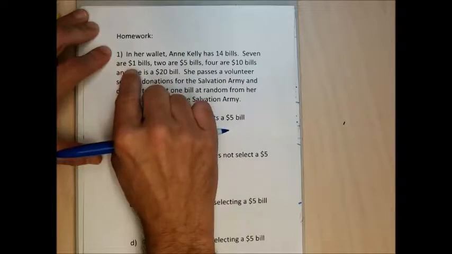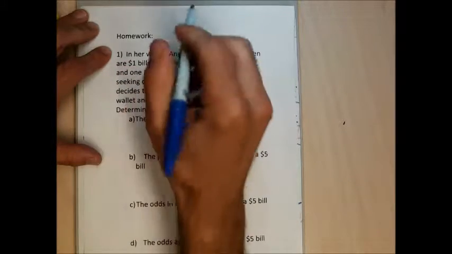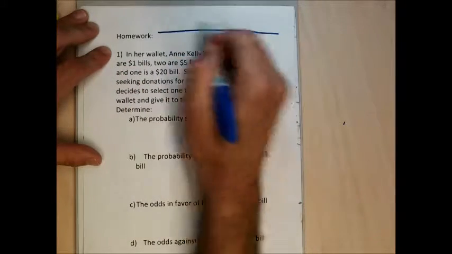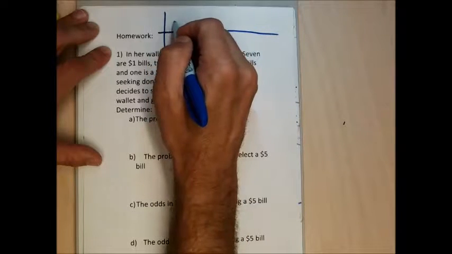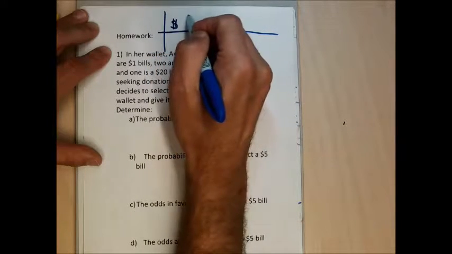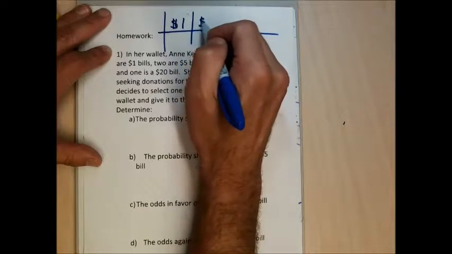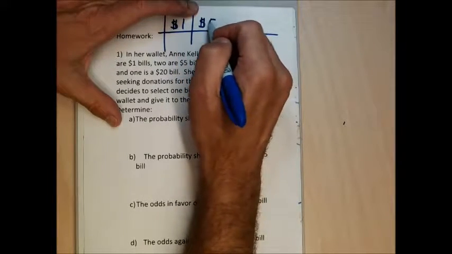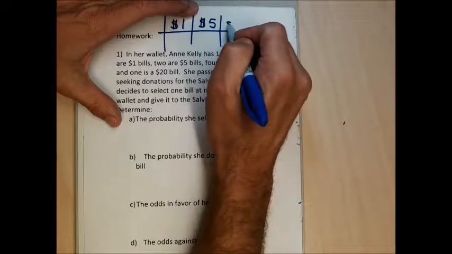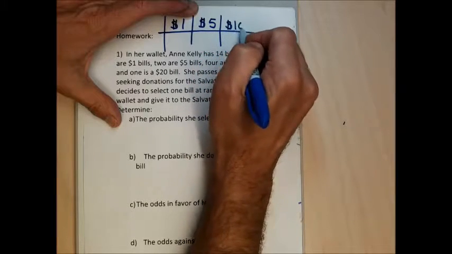She has $1 bills, $5 bills, $10 bills, and $20 bills. Let me just look at Ann's wallet real quickly and write down what she has in her wallet.